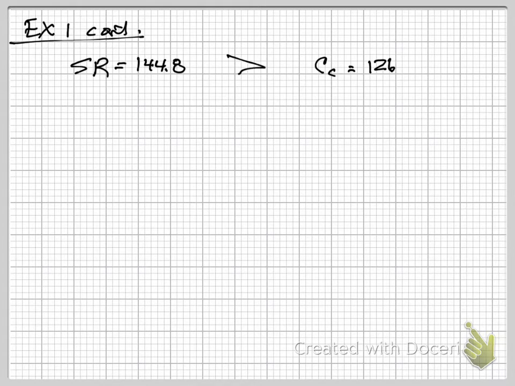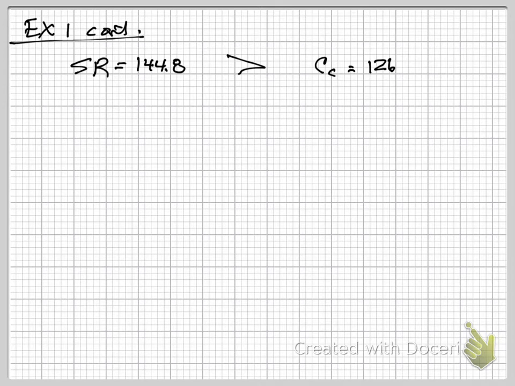In our example 1 continued, we calculated a slenderness ratio, got to go back and look, of 144.8 and a column constant of 126. Okay, so we can see clearly that the slenderness ratio is bigger than the column constant.